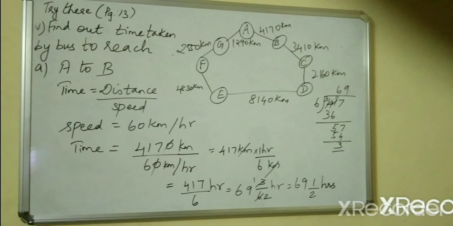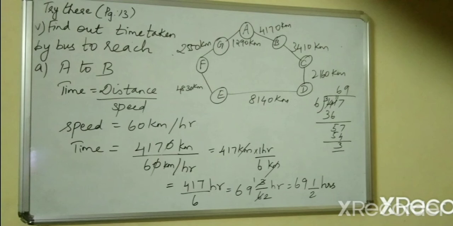Speed is already given as 60 kilometer per hour. So the distance from A to B it is given as 4,170. So 4,170 kilometer divided by speed is 60 kilometer per hour. That slash is nothing but per hour.